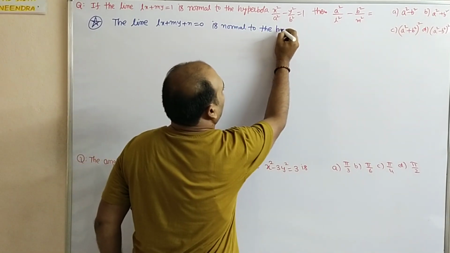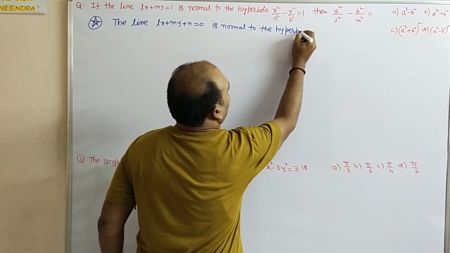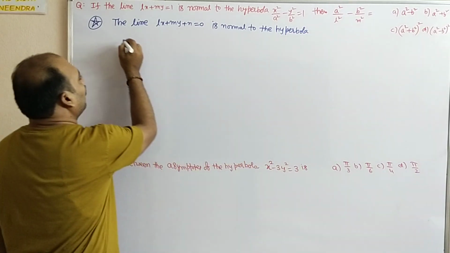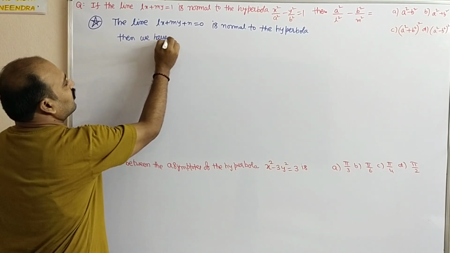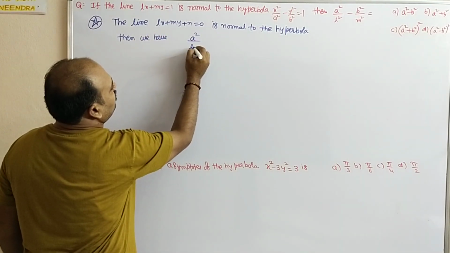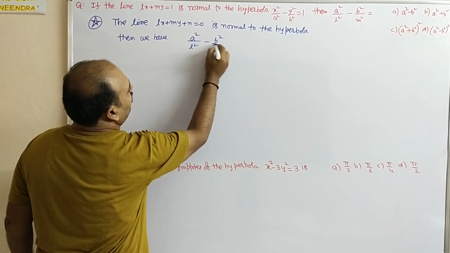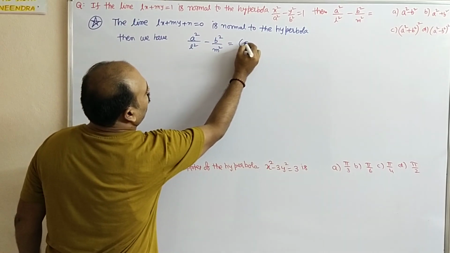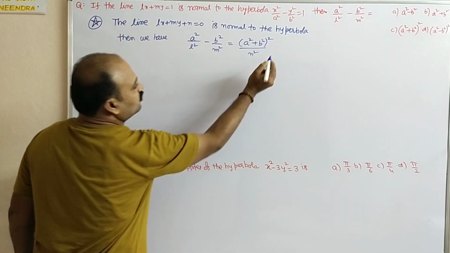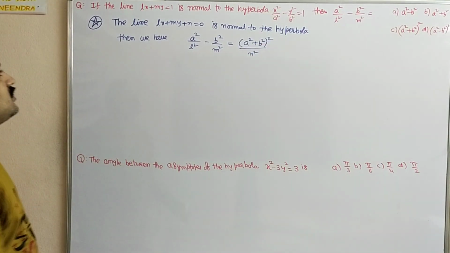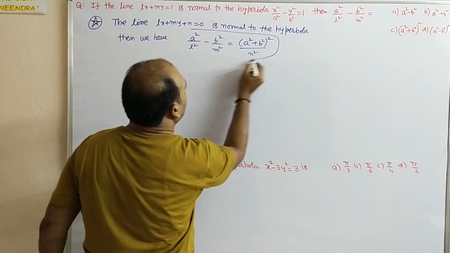Then we have the condition: a square by L square minus b square by m square is equal to a square plus b square whole square divided by n square. This is the formula, the standard condition.